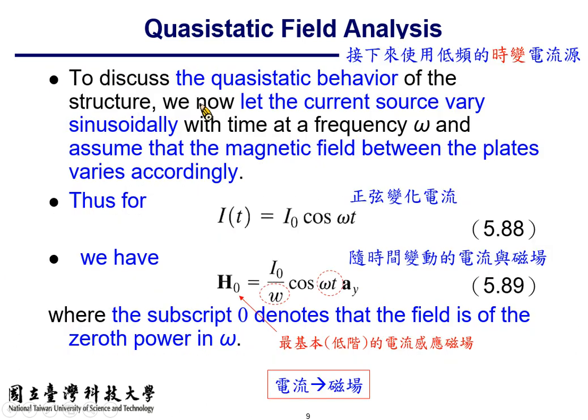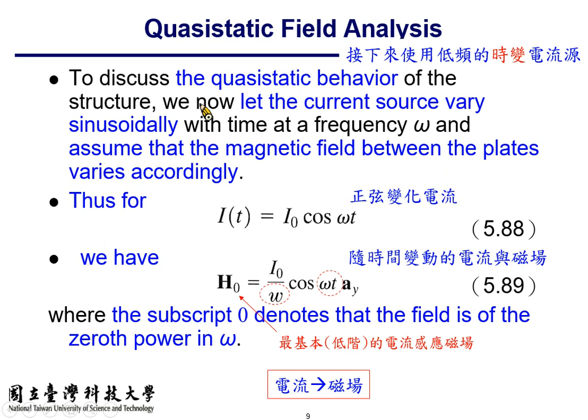So we can write up the fundamental term of the magnetic field using the expression of the current source. You see here we have a subscript of 0, which means this magnetic field is the so-called fundamental term, which implies that we shall have higher order terms of magnetic field later on.